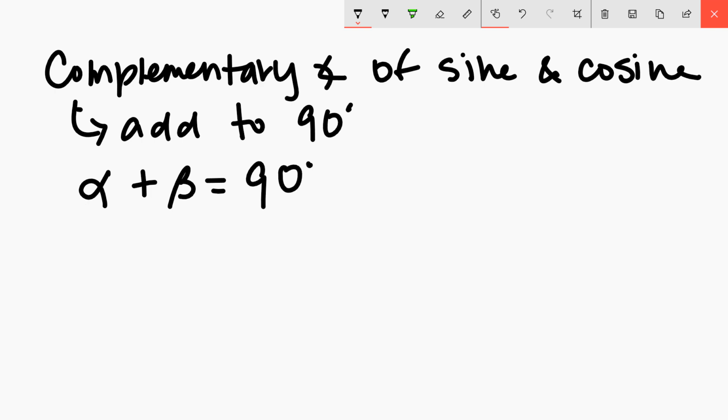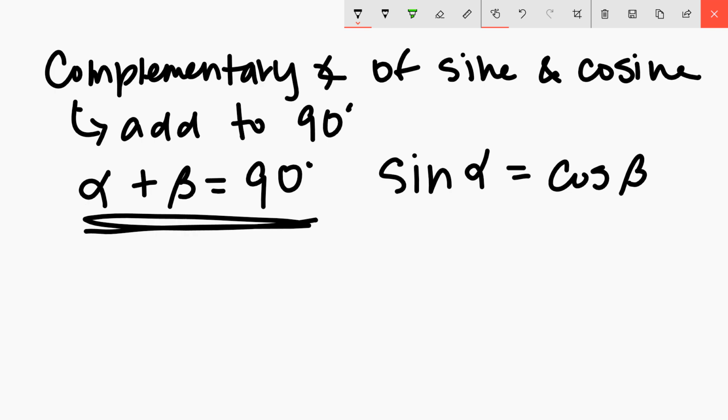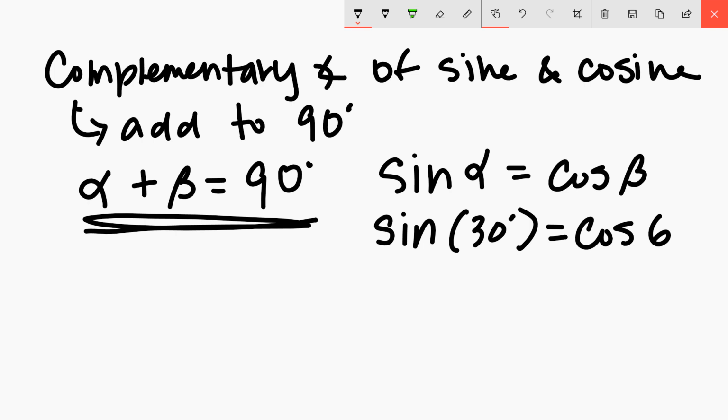And the rule follows the fact that sine of alpha can equal cosine of beta as long as this is true. So for example, sine of 30 degrees is going to equal cosine of 60 degrees, because 30 plus 60 equals 90.